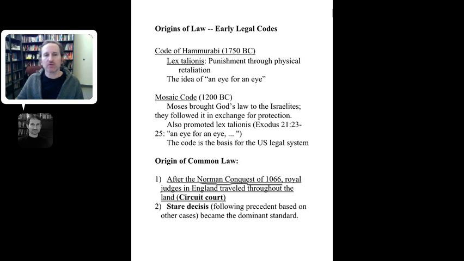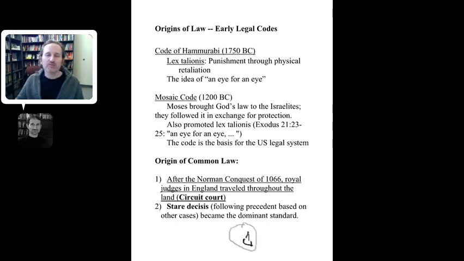What happened was that judges started to go, remember I just drew that map, all these different little hundreds, shires, towns, areas within this country. These judges started to travel from one to another, to another, to another, and they started to, as I'm doing here, connect the dots, right?